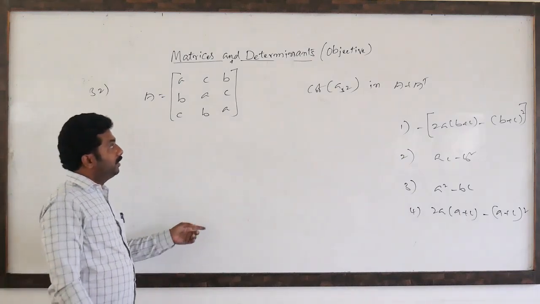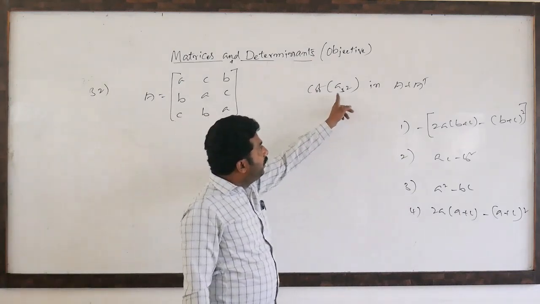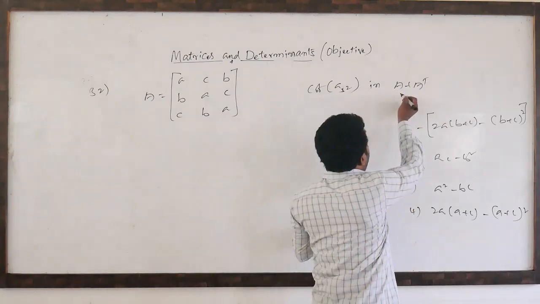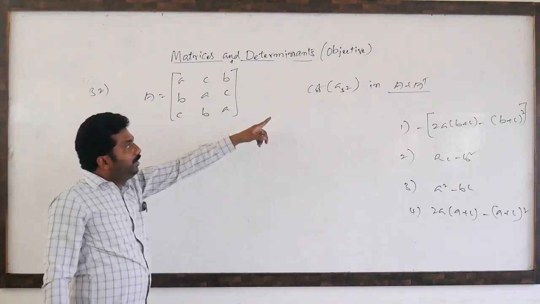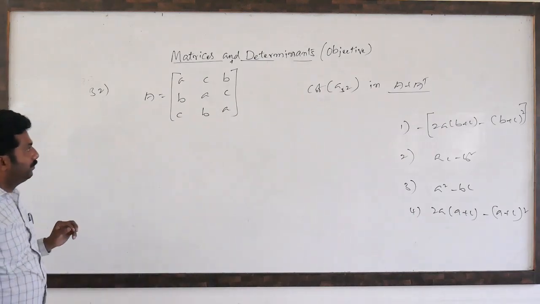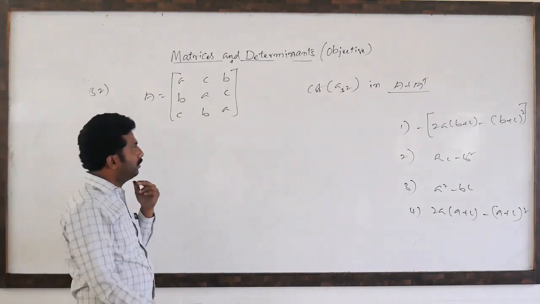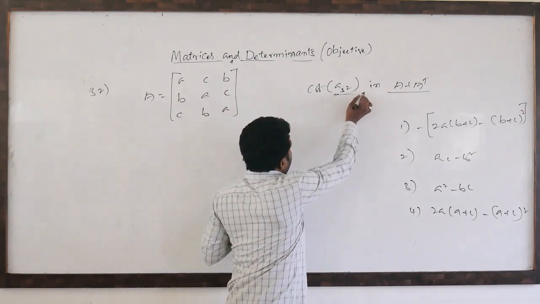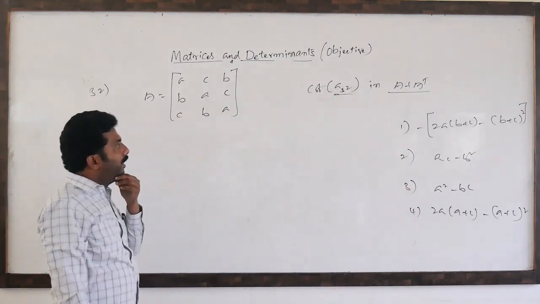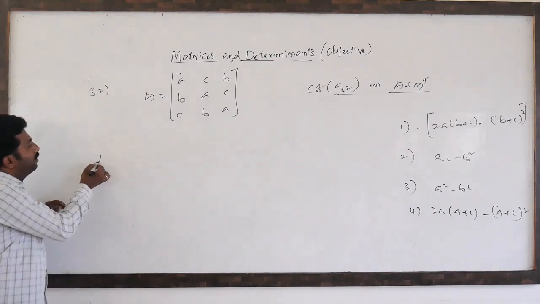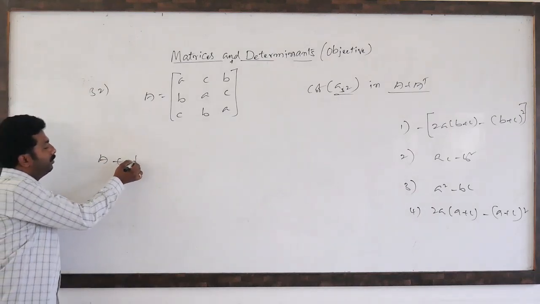What are they asking? The cofactor of A32 in A plus A transpose. How do we calculate A plus A transpose? Let's see first.